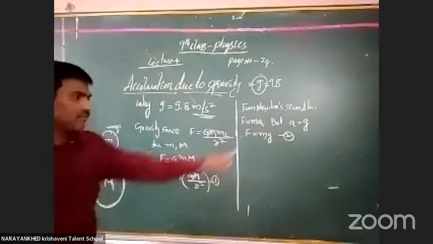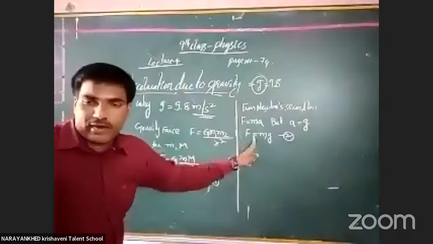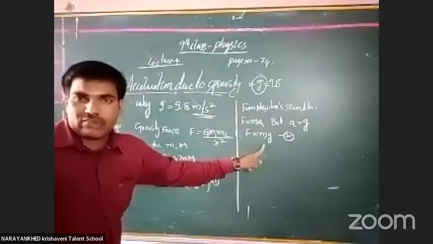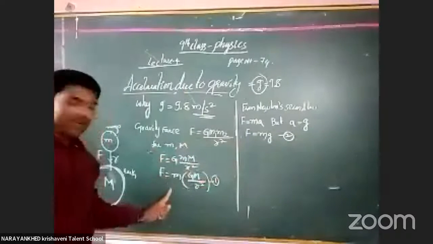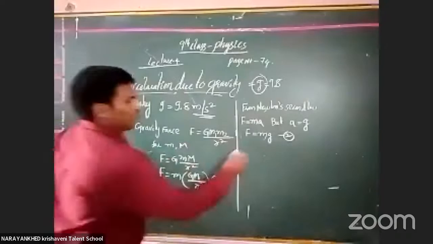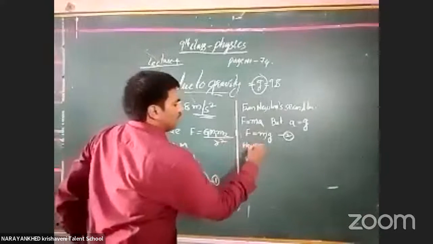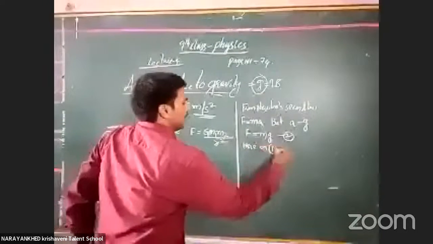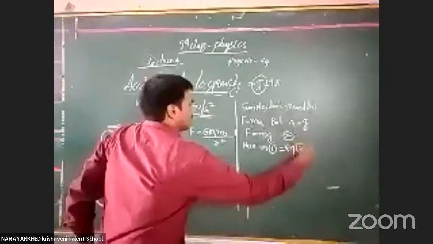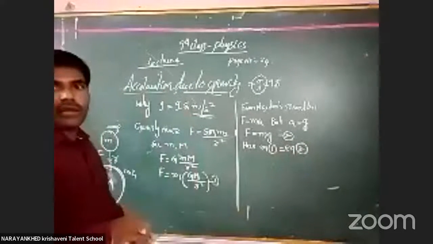Okay, now it is also gravity force only, or not? Why? Because I have taken here g. It is a gravity force and it is also a gravity force. So here equation 1 is equal to equation 2. Okay, now clear or not?